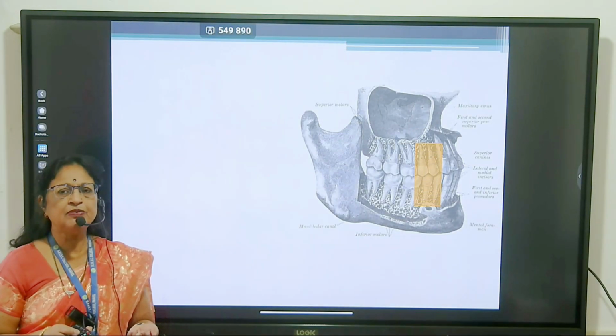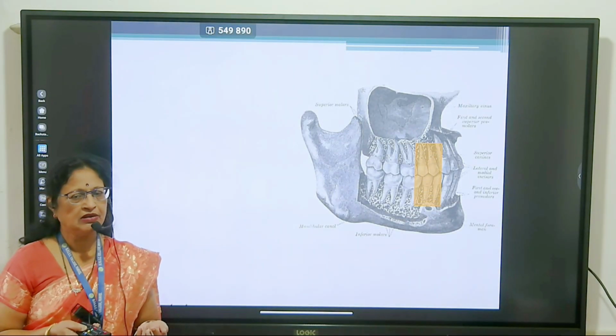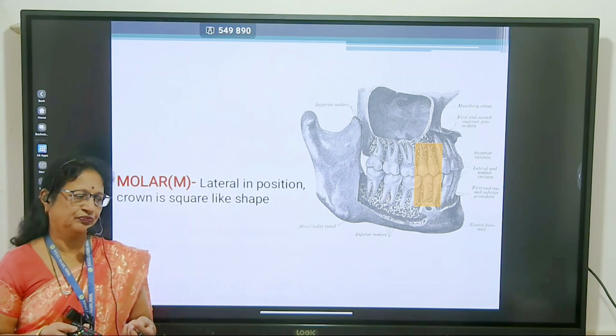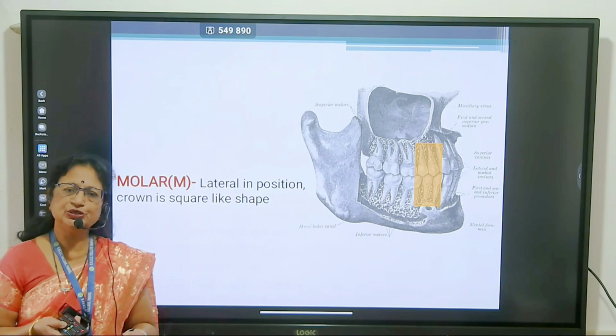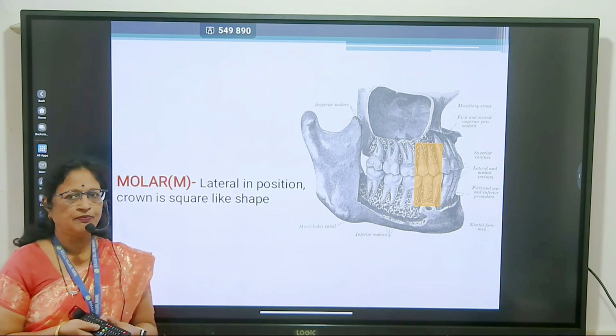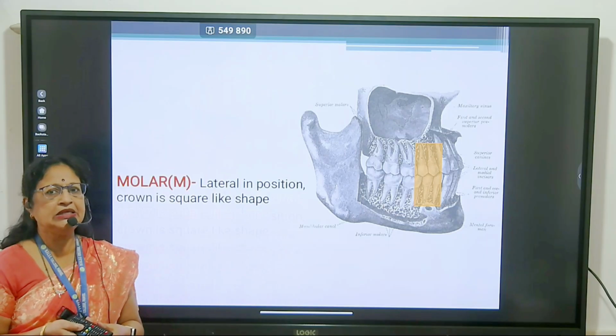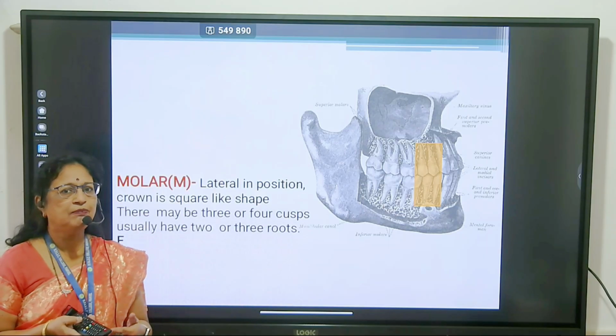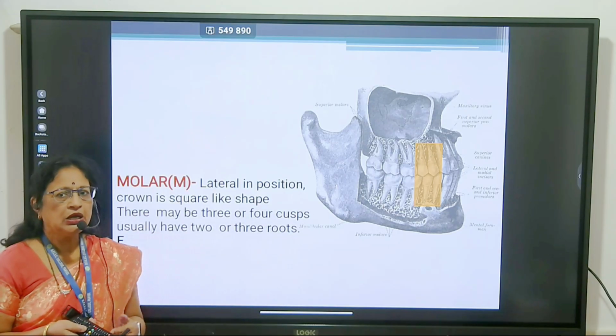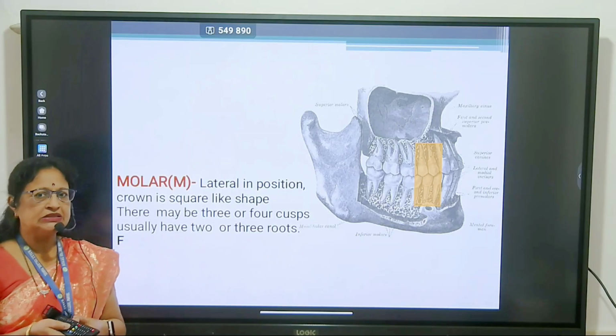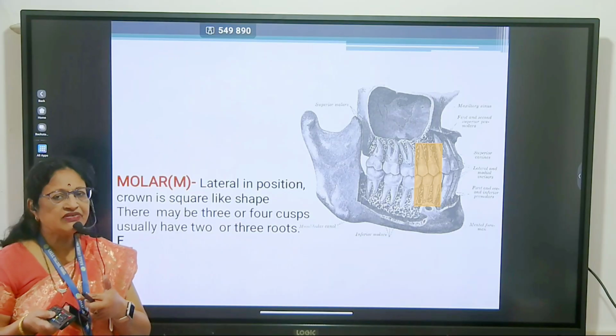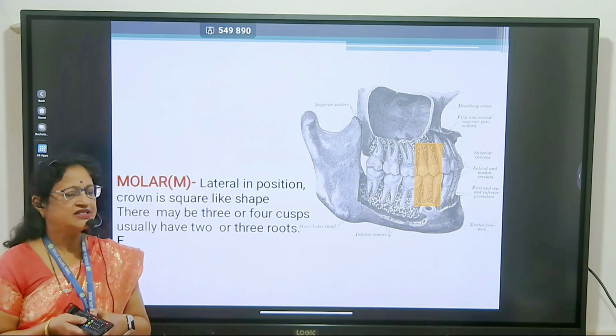Now the next type of teeth is molars. It is denoted by M, and these teeth are lateral in position. Here the crown is square shaped, and it has five cusps.